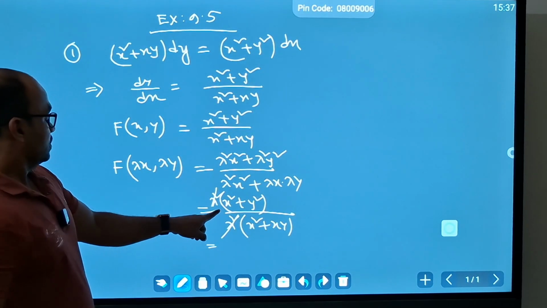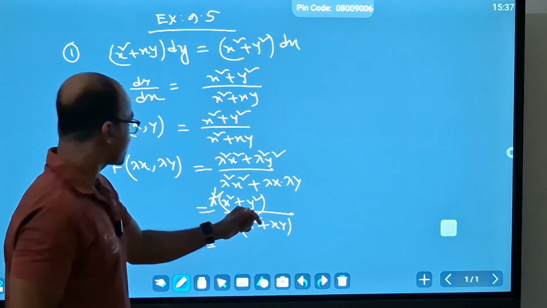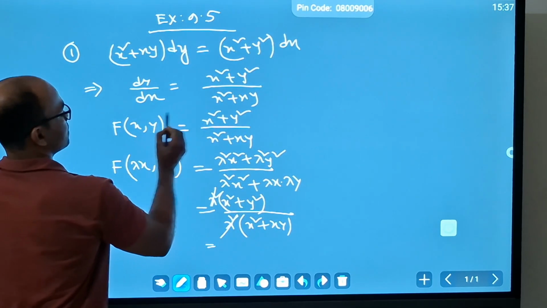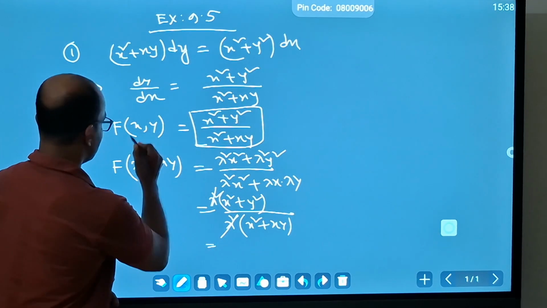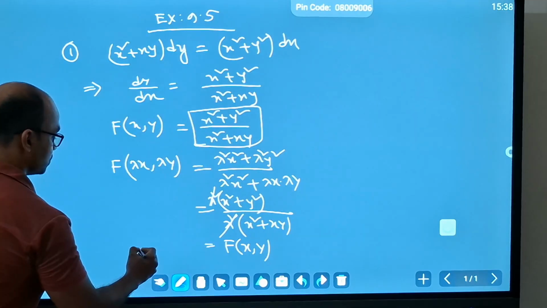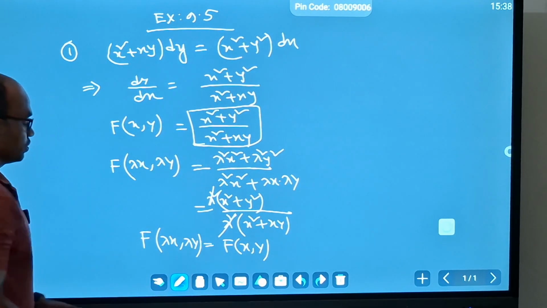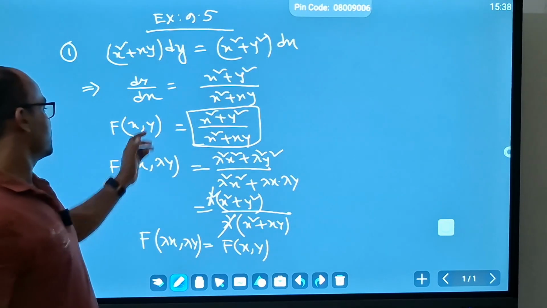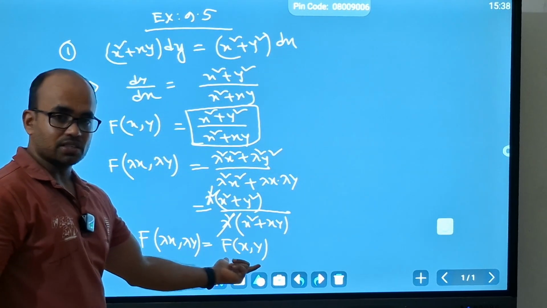Here we see that x square plus y square by x square plus xy is exactly the same as f of x, y. So we can write f of x, y. So when we multiply each variable with a constant, we get the same function.